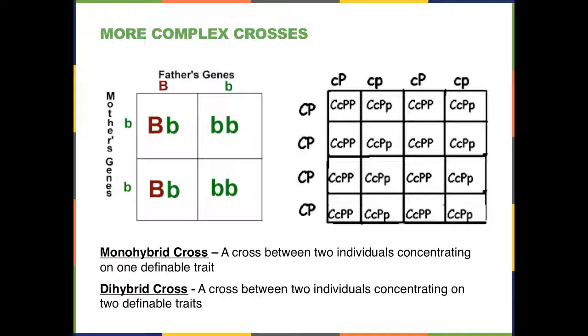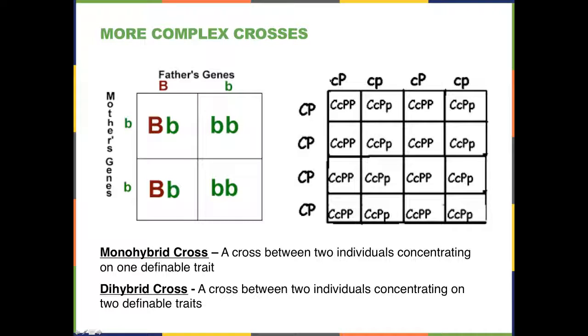And here you have a situation where, instead of a single letter, you have two letters for each possible gamete. And in this case, you have one small c gamete that is homozygous for this parent, but the big P is heterozygous.